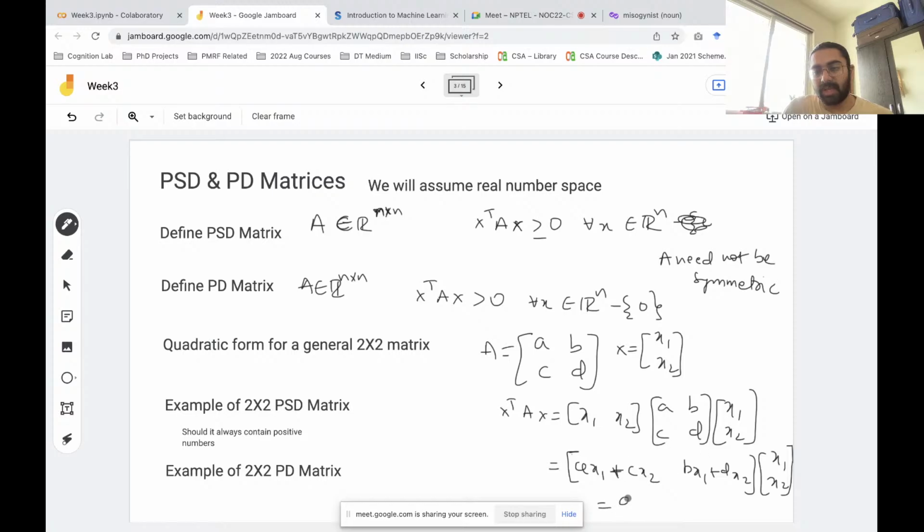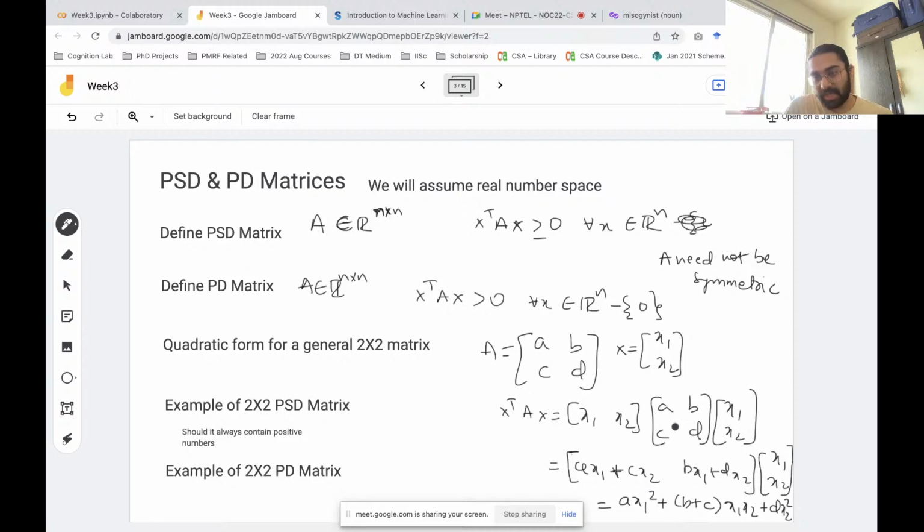And then this becomes ax1 squared plus (b plus c) x1 x2 plus dx2 squared. All right. So this is the general form of the quadratic form x transpose Ax for a 2 cross 2 matrix.